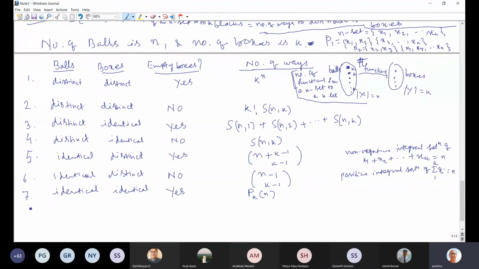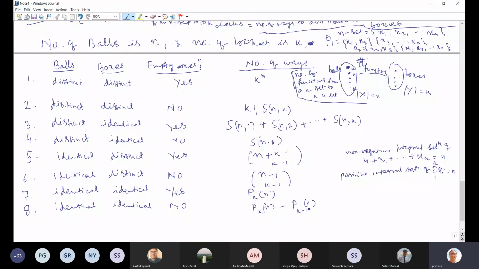You think about this. And the last one is identical, identical, and no box will remain empty. How can we express this number of ways and what will it be? Tell me. pkn minus pk minus 1 n.